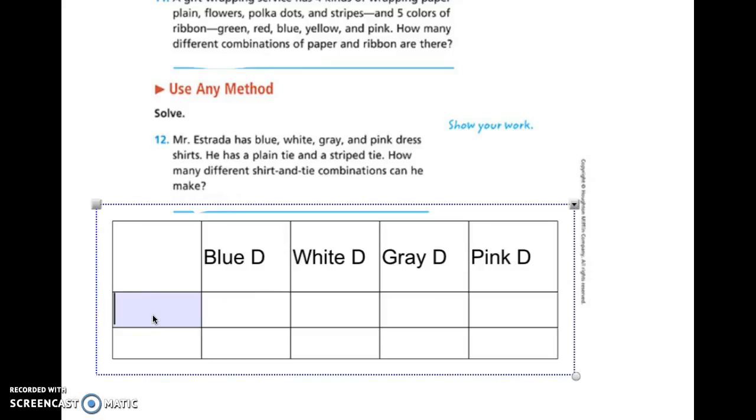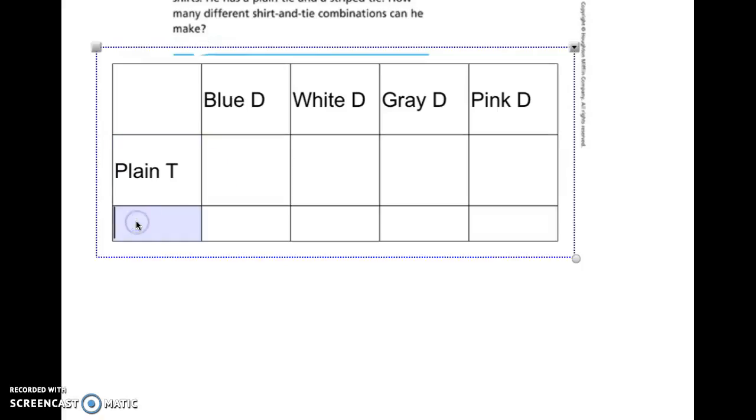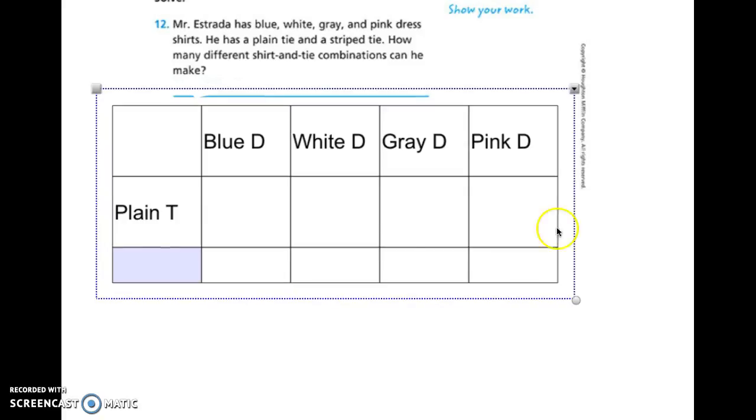So he has a plain tie, put a T for tie. He has a plain tie. And lastly, he has a striped tie.